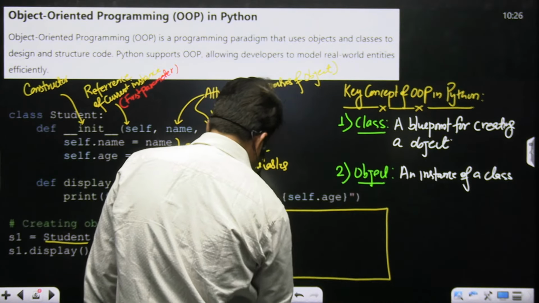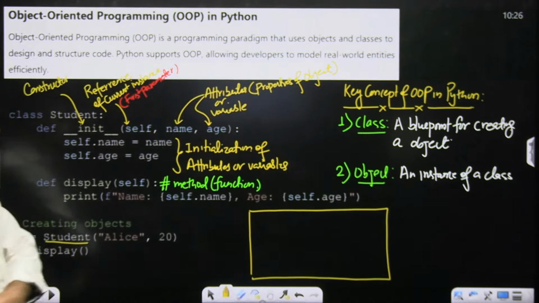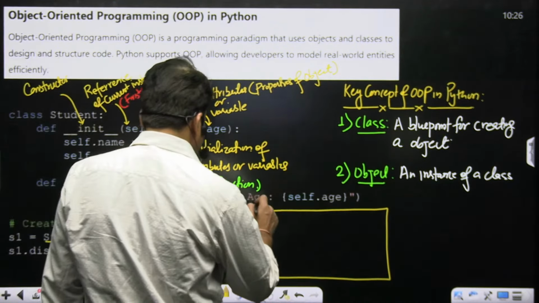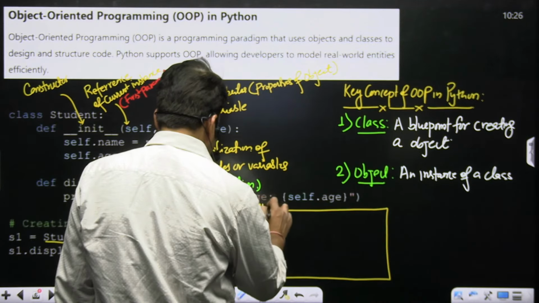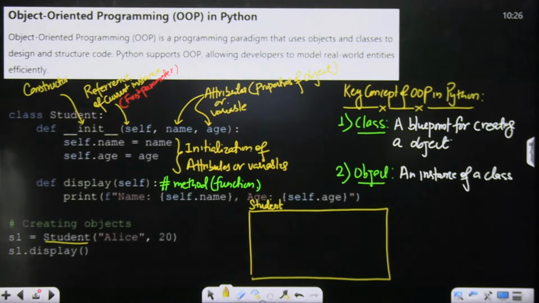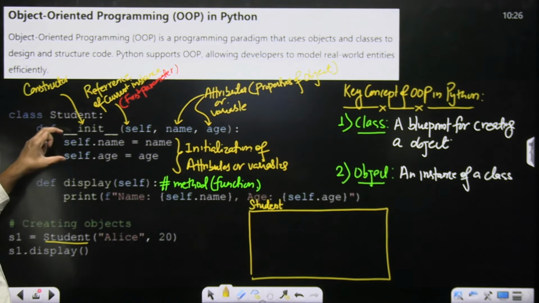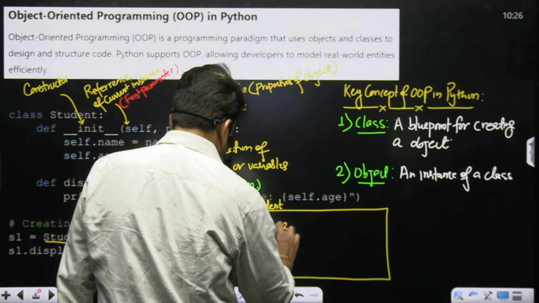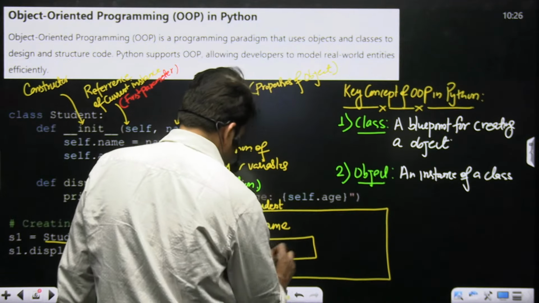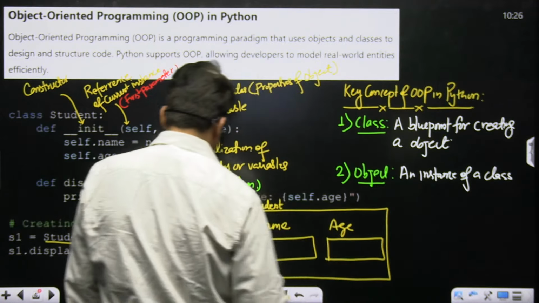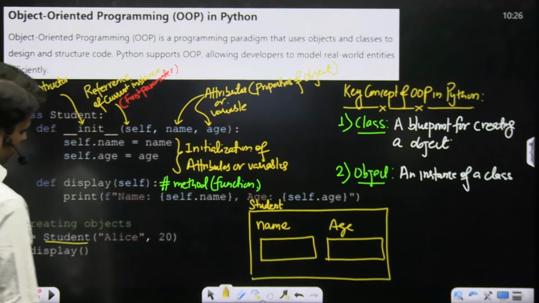Memory is allocated in this way for this class student and for the instance s1. This class contains two member variables, name and age.